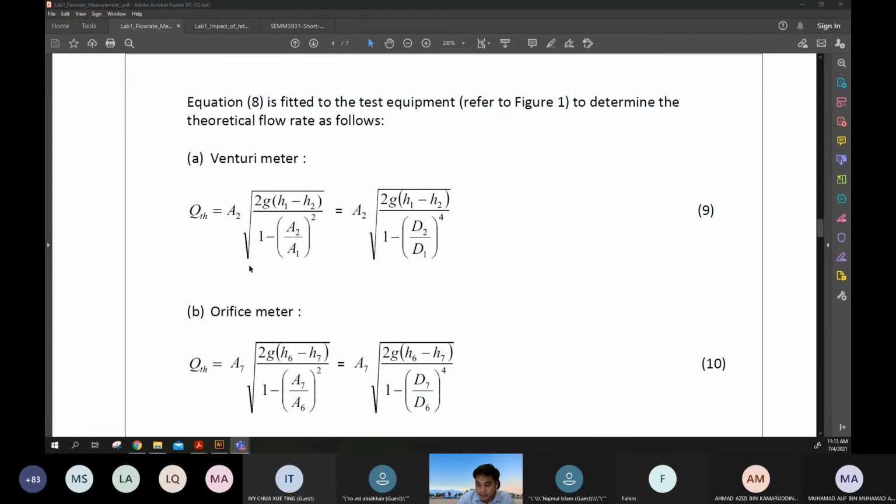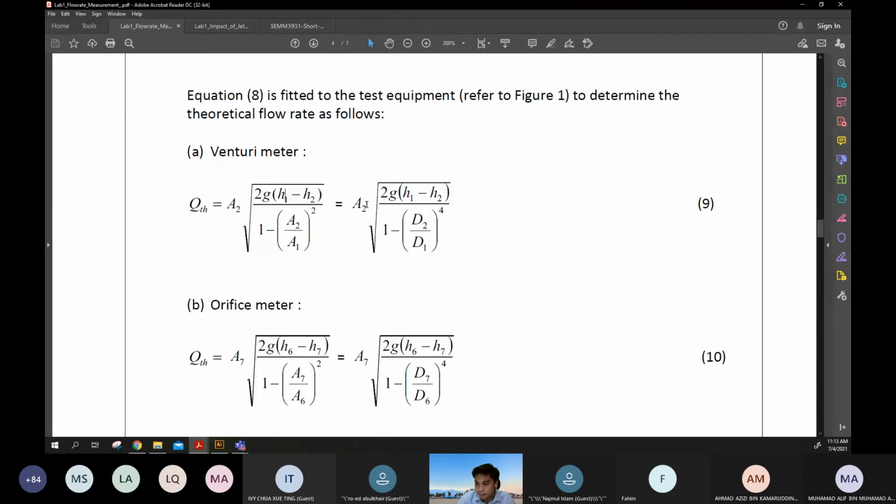If you get negative, then you get a complex number and you cannot solve. That is why H1 minus H2 is positive, divided by 1 minus the ratio of area. Basically you're going to use the last term.